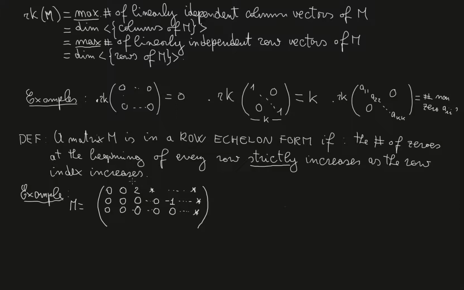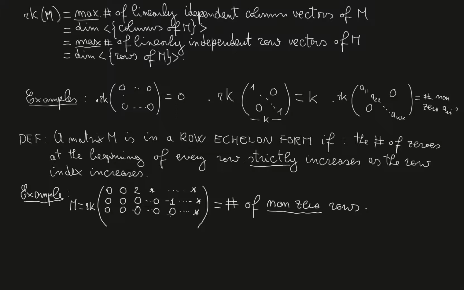So one can easily, by recurrence, show that the rank of this matrix is going to be equal to the number of non-zero rows. Rows are vectors, so here non-zero means non-zero as a vector. Okay. Therefore, it is very easy, once again, to find the rank of this matrix.